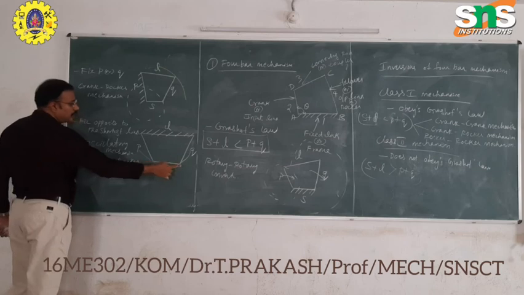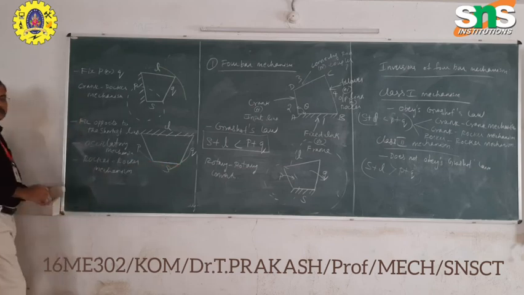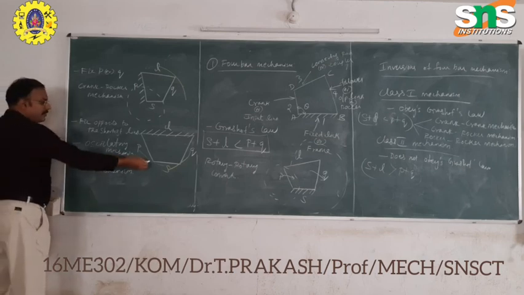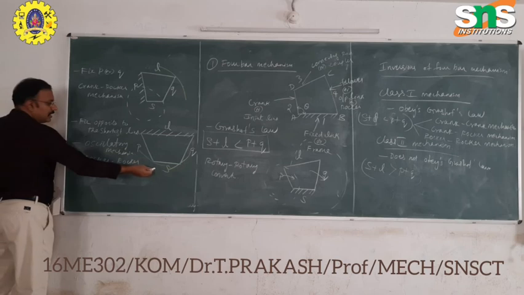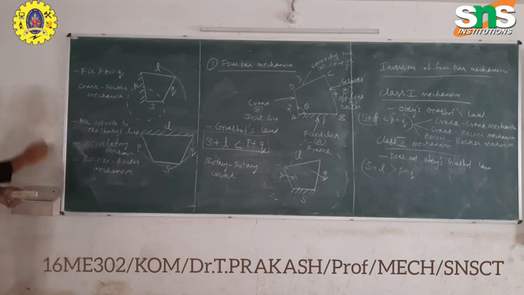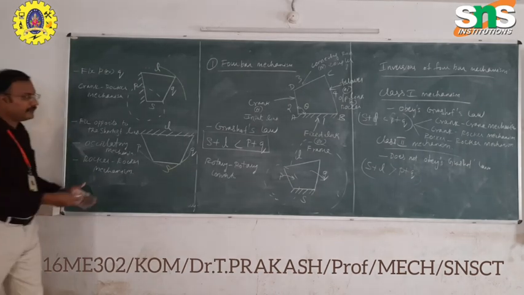Both input link and output link will have a half rotation or oscillatory motion. Therefore, in this type of application, you have to fix the link opposite to the shortest link.